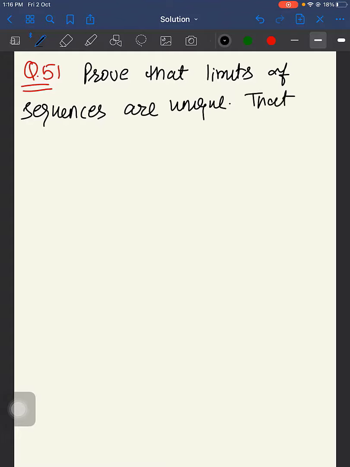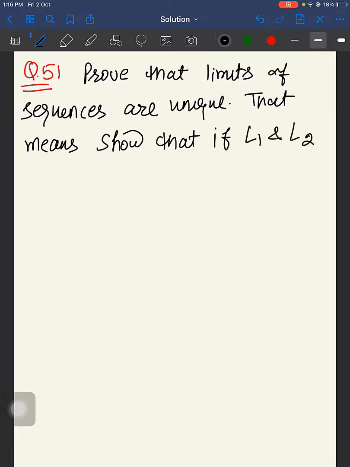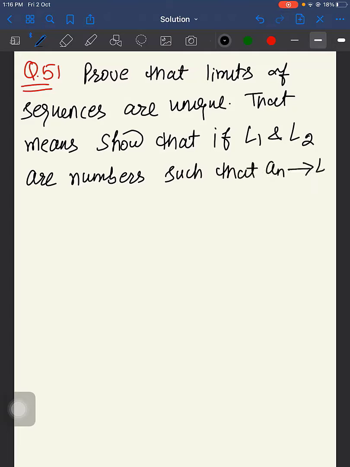That means show that if L1 and L2 are numbers such that an converges to L1 and an converges to L2, then L1 must be equal to L2.